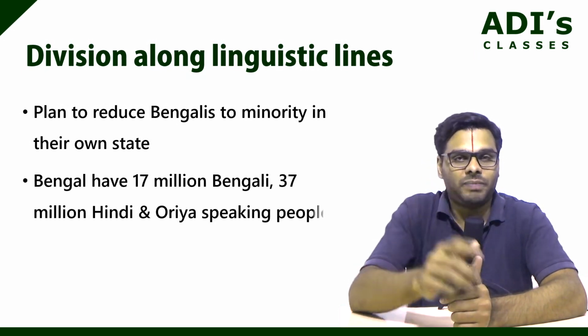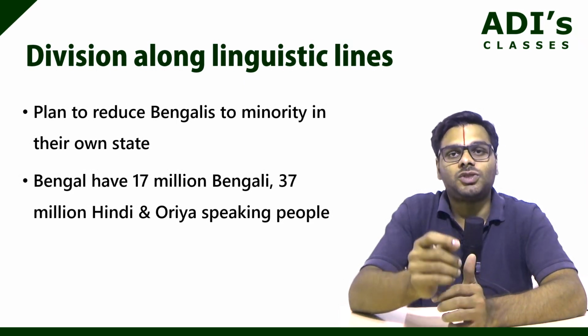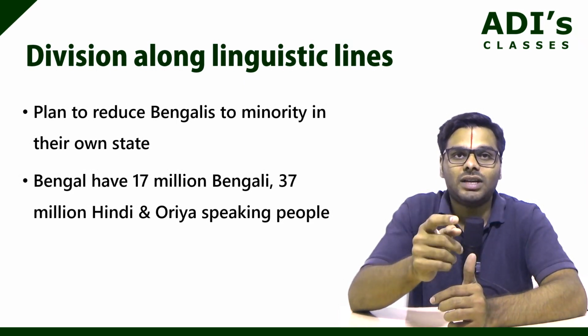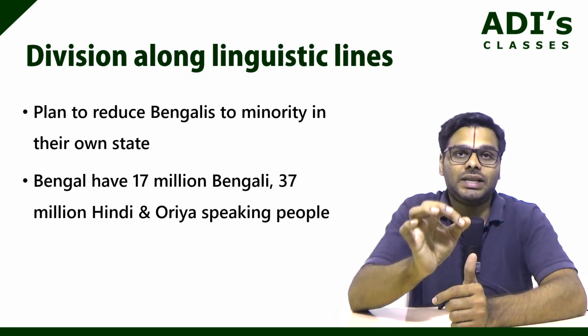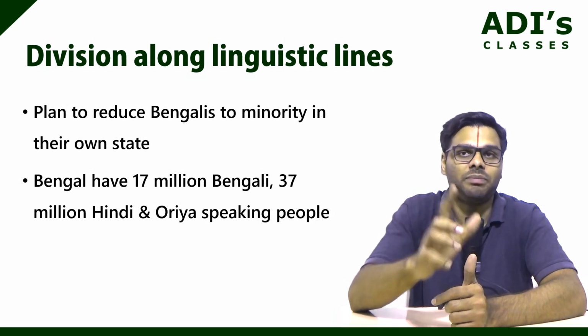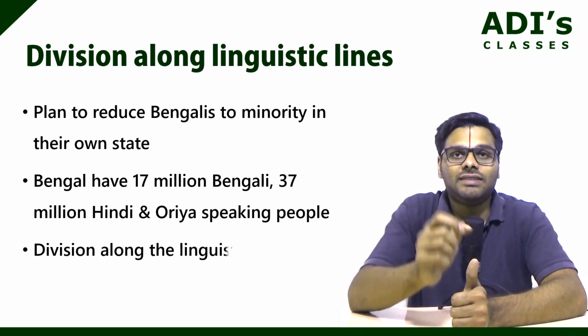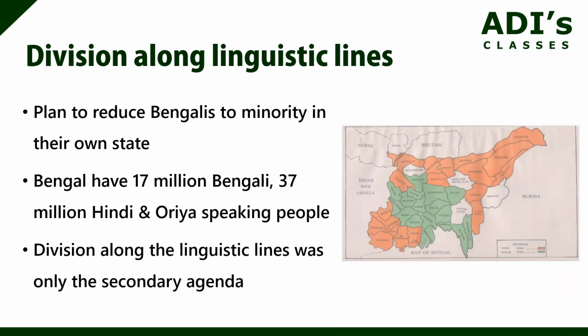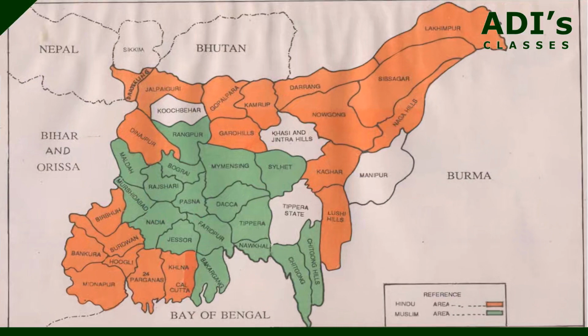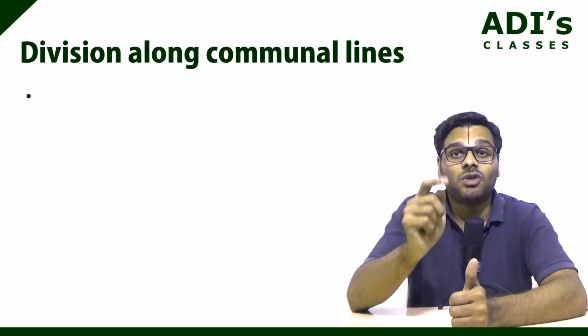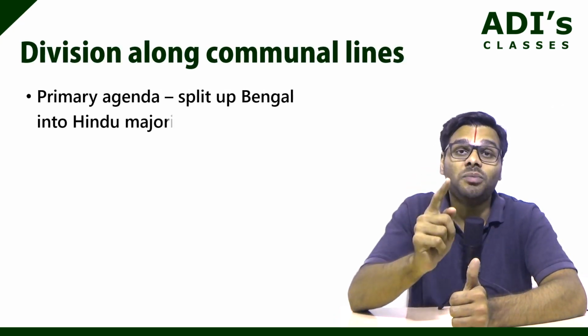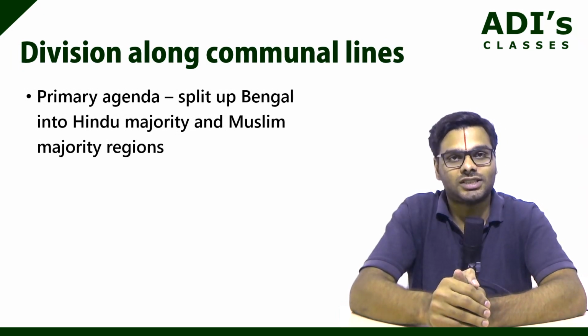Under the partition of Bengal, Bengal proper was to have 17 million Bengalis and 37 million Hindi and Odia speaking people. But division along the linguistic lines was only the secondary agenda. The primary agenda was to split up Bengal into Hindu majority and Muslim majority regions.